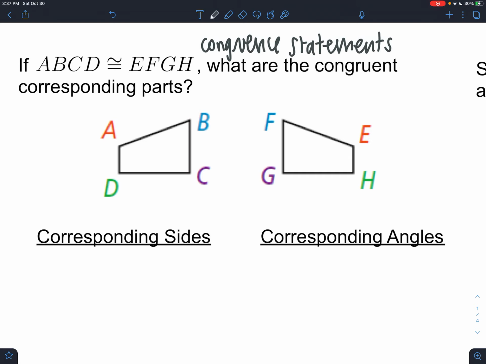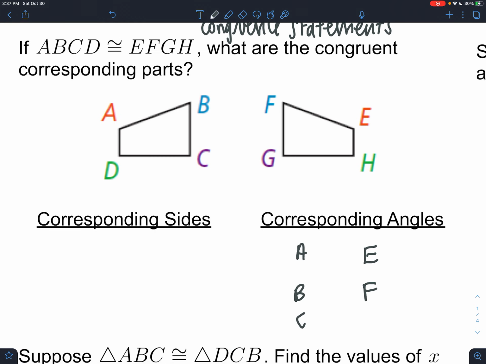It looks like it's telling me that A and E are the same, B and F, C and G, and D and H. But those are vertices, right? Those are points. We care about the angles. So angle A is congruent to angle E. Angle B is congruent to angle F, and so on.